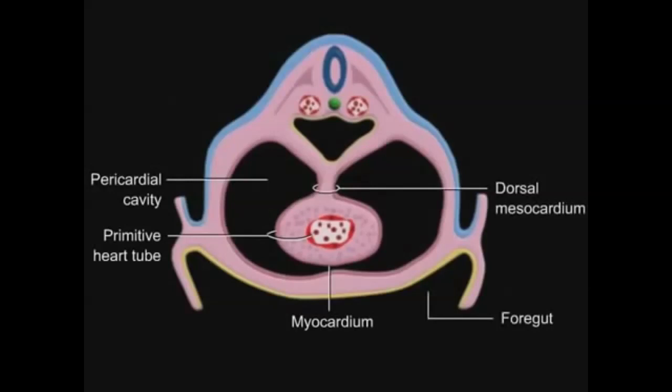This term, you understand, is similar to mesovarium, mesenterium, mesocolon, mesoappendix. It means a double layered structure which holds the organ to the dorsal surface of the secondary cavity. And also the heart in this period has a dorsal mesocardium.